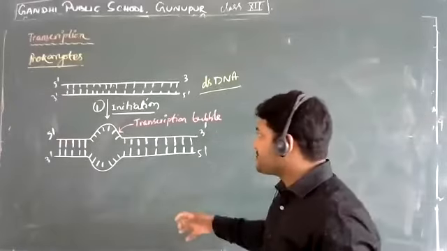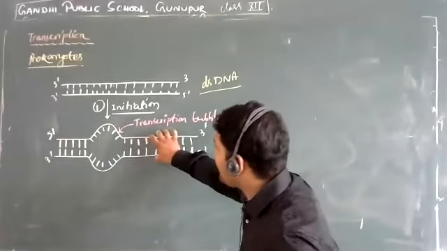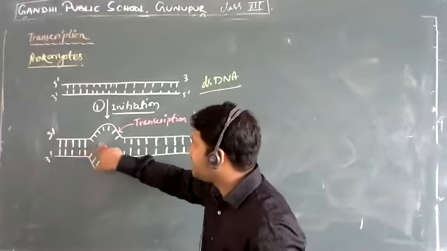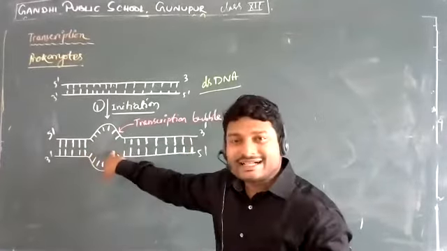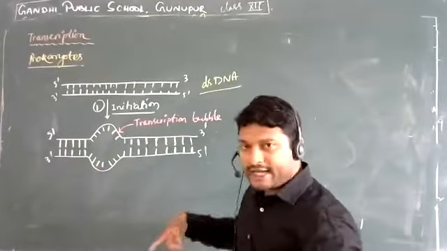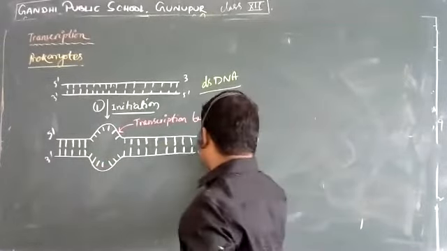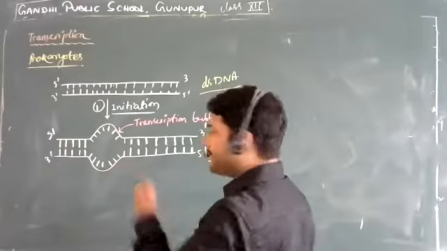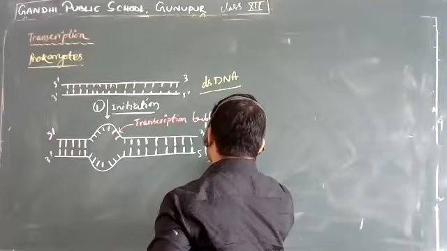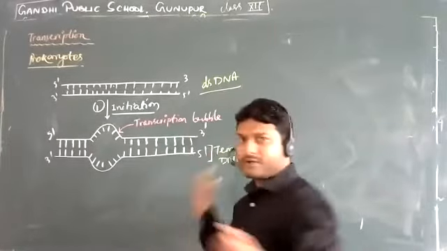So a transcription bubble is created, and this gives access to the single stranded template DNA. Of these 2 strands, the strand with 3 prime to 5 prime direction is going to act as the template DNA strand based on the orientation, as simple as that.